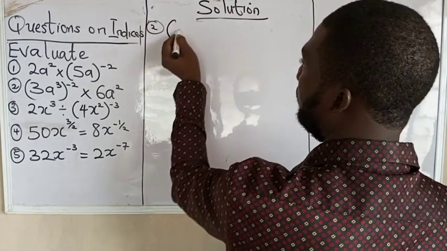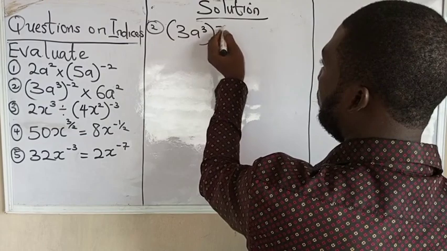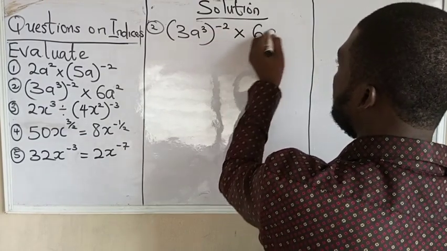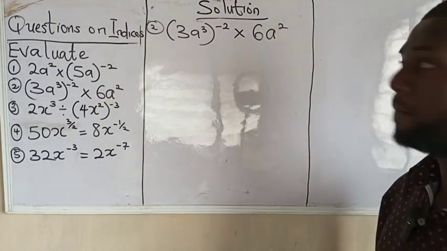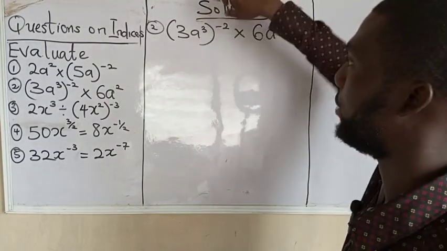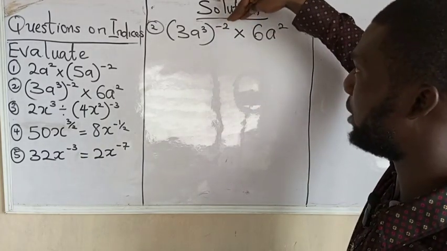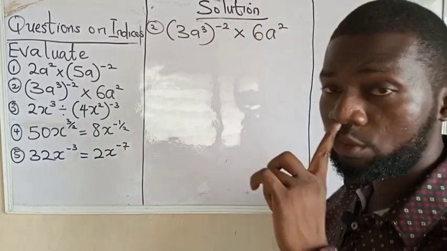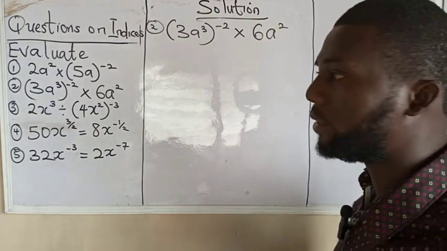We have (3a^3)^-2 times (6a)^2. Now let's look at this. (3a^3)^-2. What does it mean? It means that the power outside affects everything here. But the first thing we are going to do is make sure we turn this negative power to a positive power.